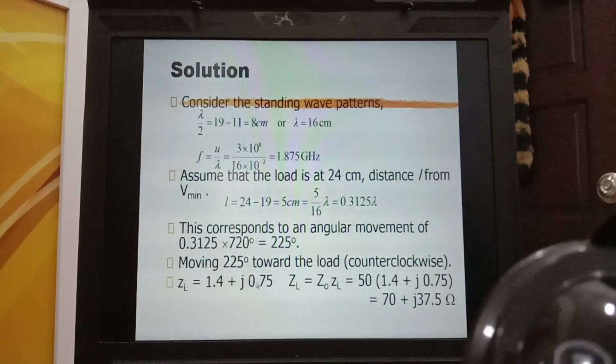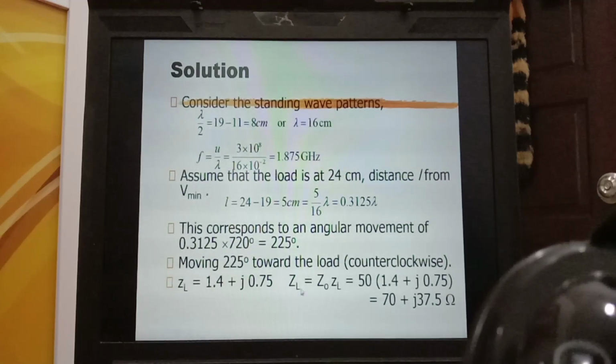But what about the absolute impedance? This is the normalized impedance. The absolute impedance is the normalized impedance multiplied by the characteristic impedance, which is 50 ohm in this example. That gives us an impedance of 70 ohm plus j37.5 ohm.